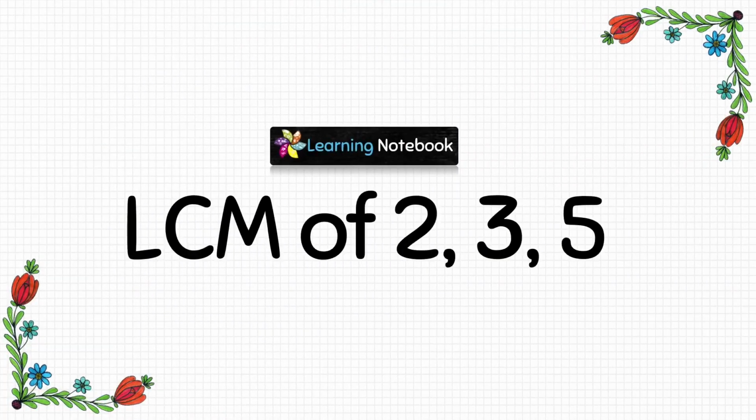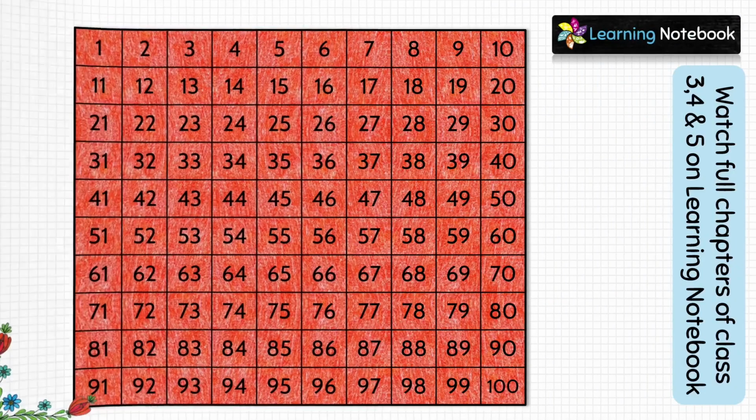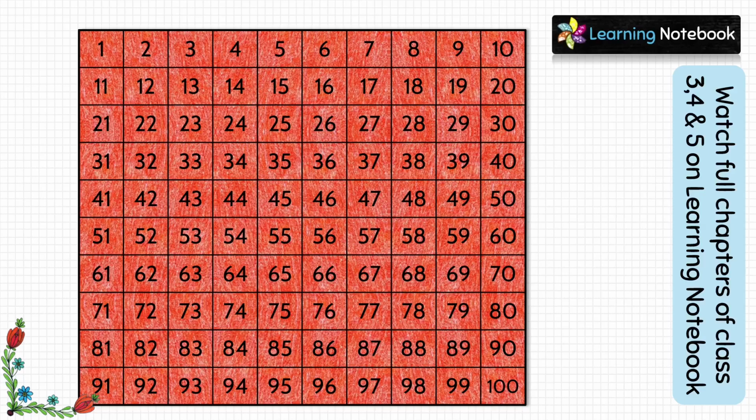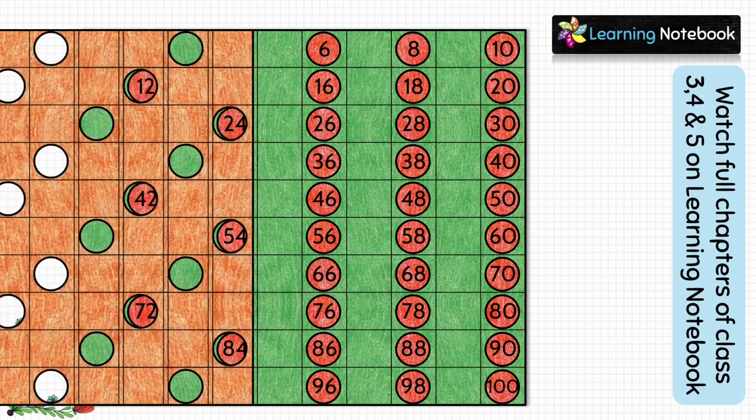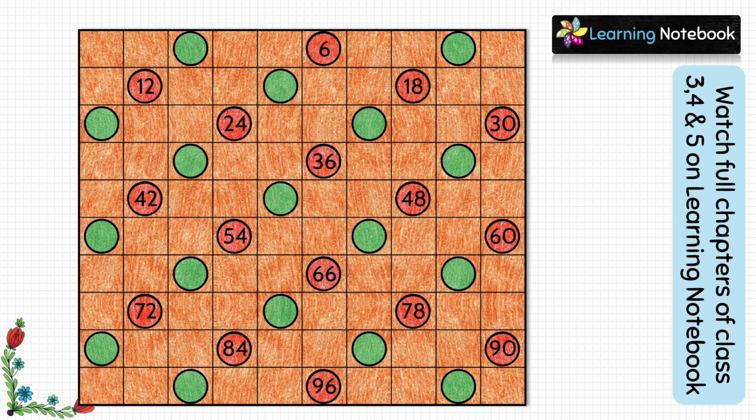Now we will learn how to find LCM with the help of this activity. So let's first find the LCM of 2, 3 and 5. For this, we will first place the green grid over this red numbered sheet and we will get multiples of 2. Now, let's place the orange sheet over this green sheet and we will get common multiples of both 2 and 3.